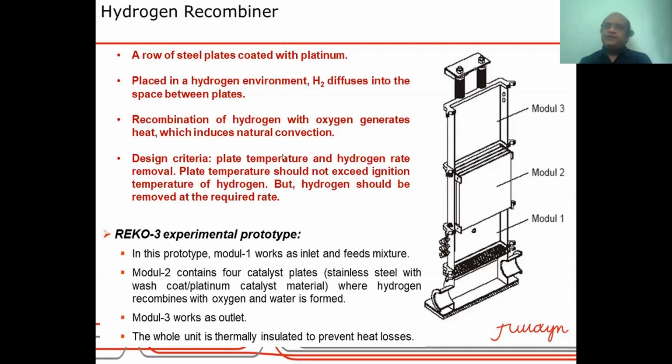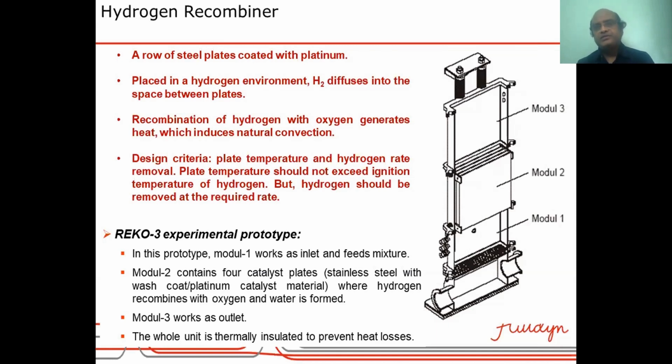And the auto ignition temperature of hydrogen is very high under normal circumstances. It is about 500 Kelvin, more than that. So in normal room conditions, hydrogen will not get ignited by itself.